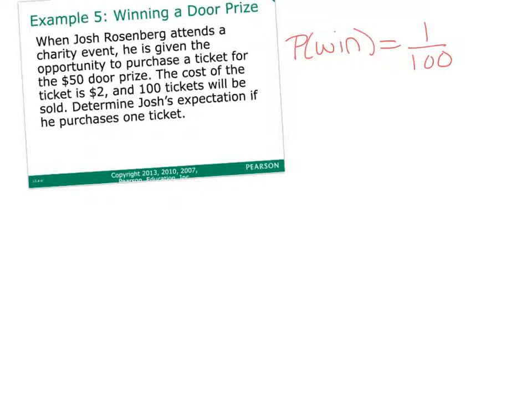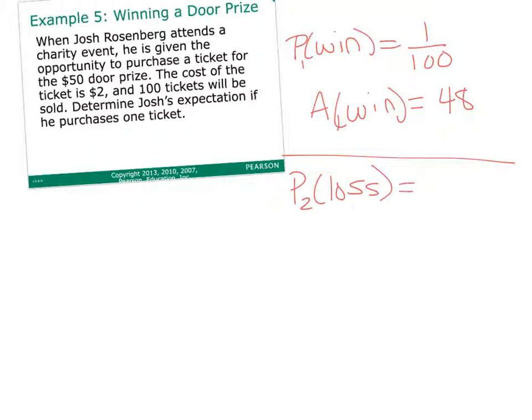He only bought one ticket and there was 100 tickets sold. If he wins, then his net profit for this first scenario is going to be the $50 he wins minus the $2 that he spent. So he'll actually have a profit for that scenario of $48. Next, you need to calculate the probability that he is going to lose.